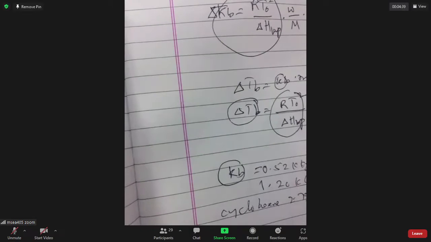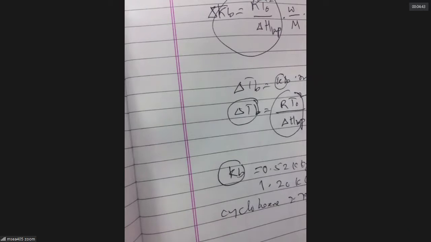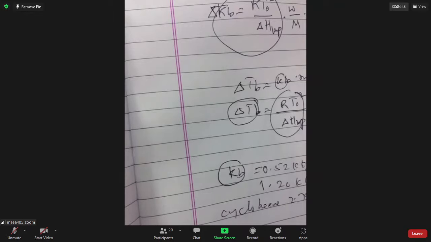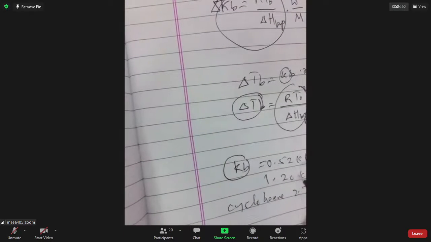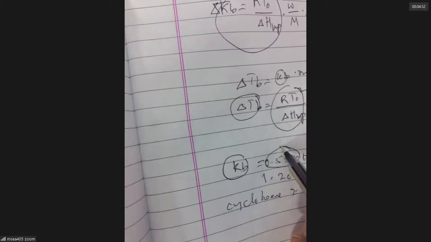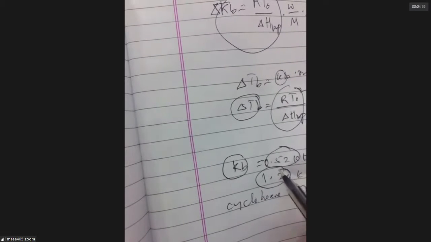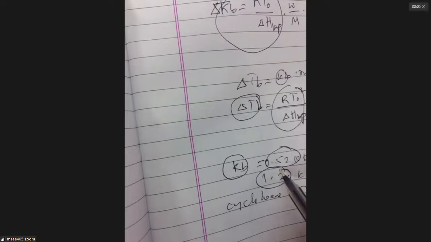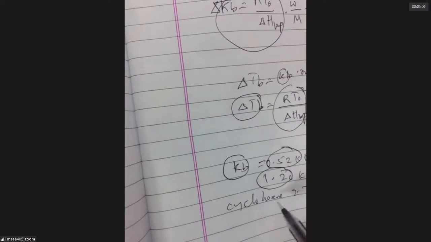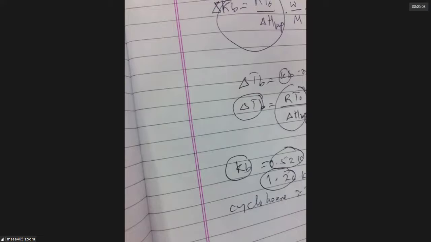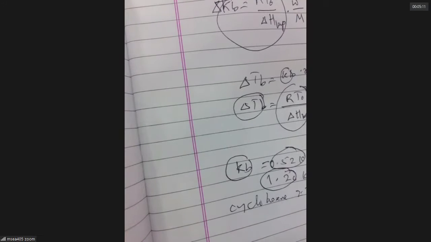If I quickly read the values of Kb, whenever I dissolve 1 mole of any solute in 1 kg of water, its boiling point increases by 0.52. If I dissolve 1 mole of any solute in 1 kg of ethanol, its boiling point increases by 1.2. If I dissolve 1 mole of any solute in carbon tetrachloride, its boiling point increases by 5.03 Kelvin.